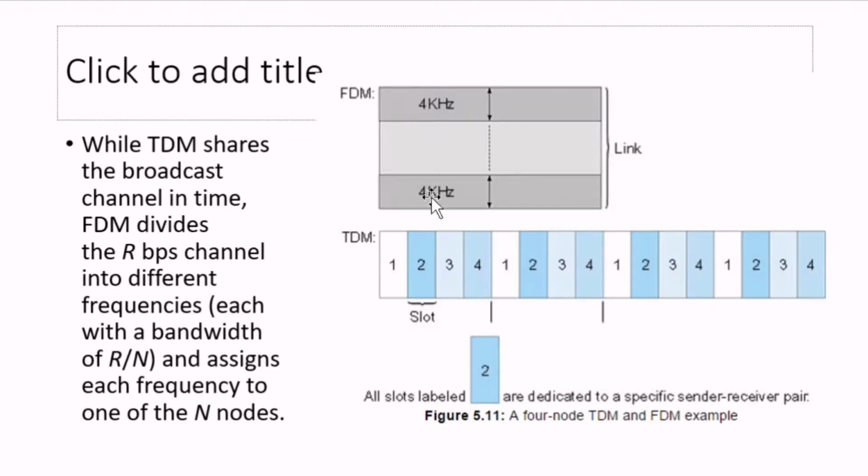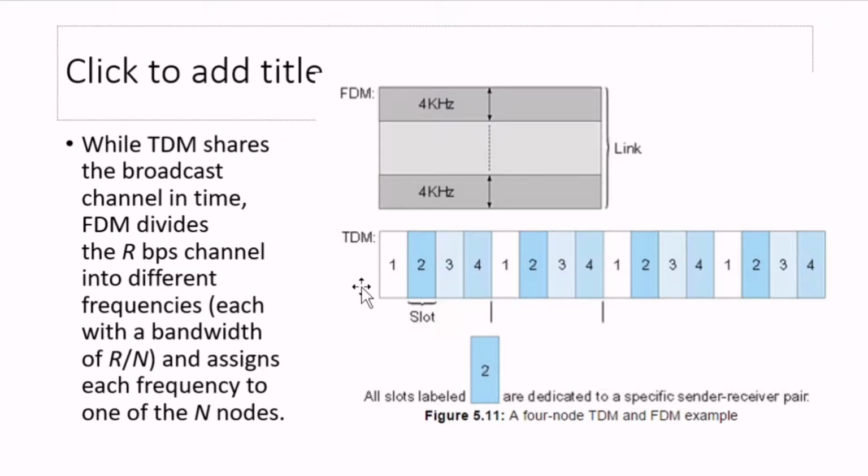If you look at this, the y-axis here is the frequency, and the x-axis is time. It divides the channel into different frequencies with fixed bandwidth. For example, each frequency has 4 kHz bandwidth. So each host is assigned a different frequency.